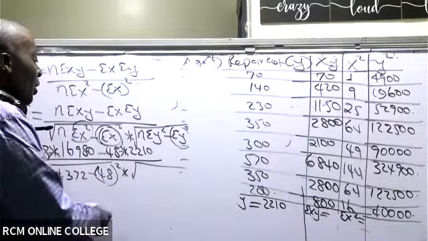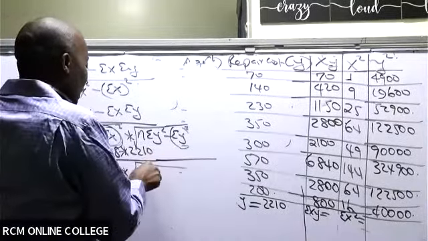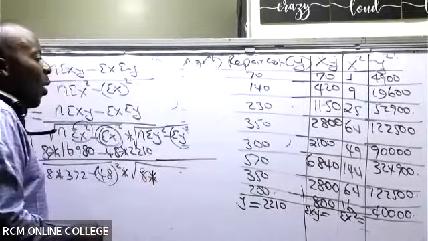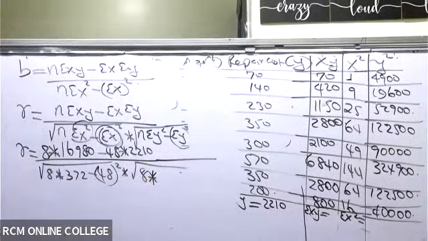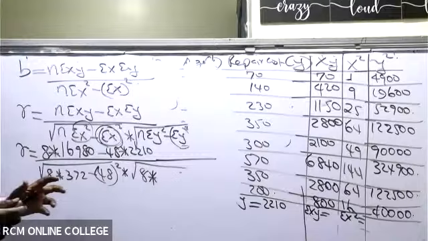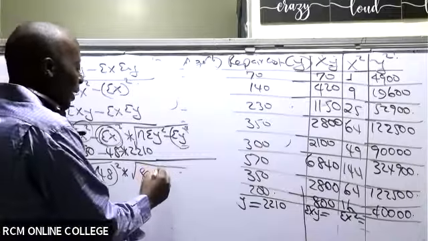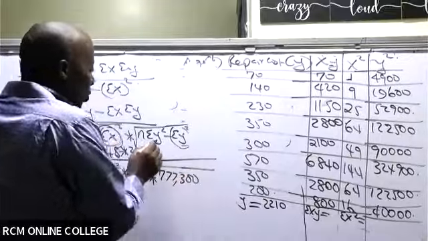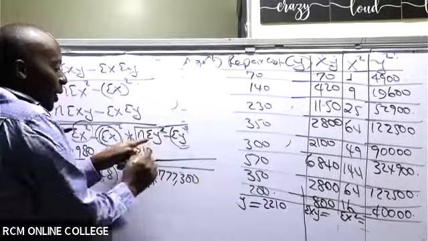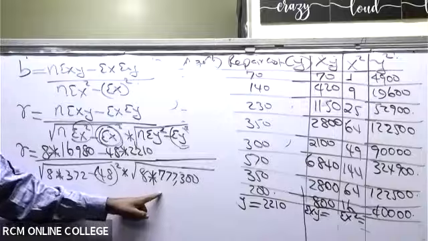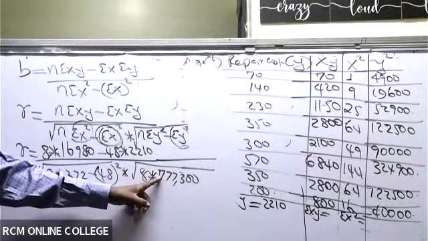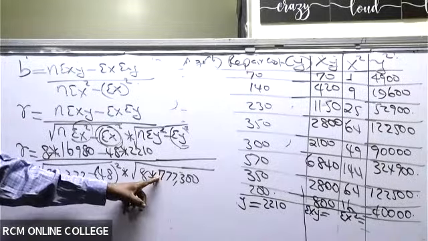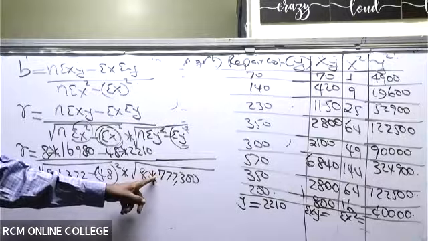we have, ladies and gentlemen, n which is 8, times summation of y squared. Summation of y squared, you guys gave me a big number. Was it 777,300? Are you able to remember this number, 777,300?